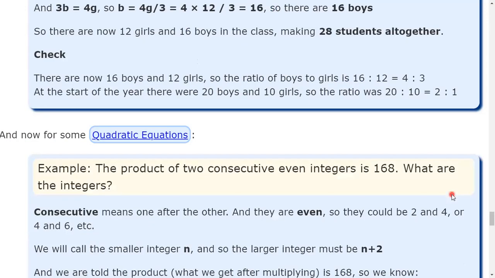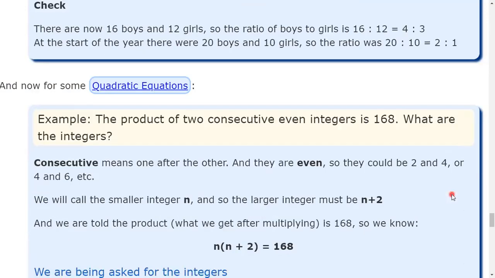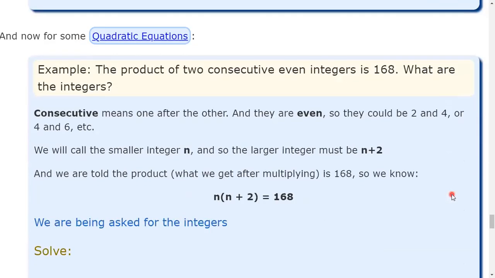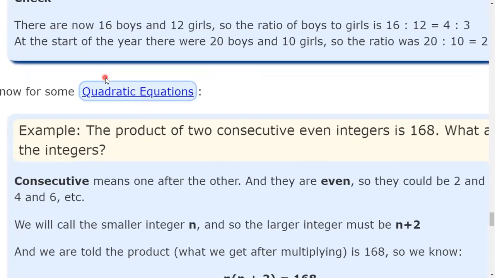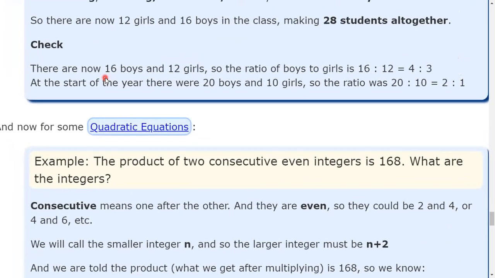Now next question is about the quadratic equation. If you can read, please read this one. The product of two consecutive even integers is 168. What are the integers? This is a very short, one sentence problem.